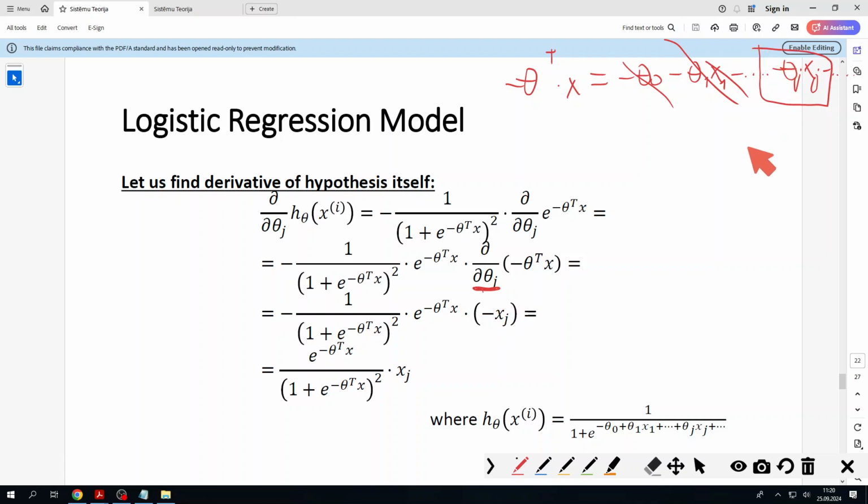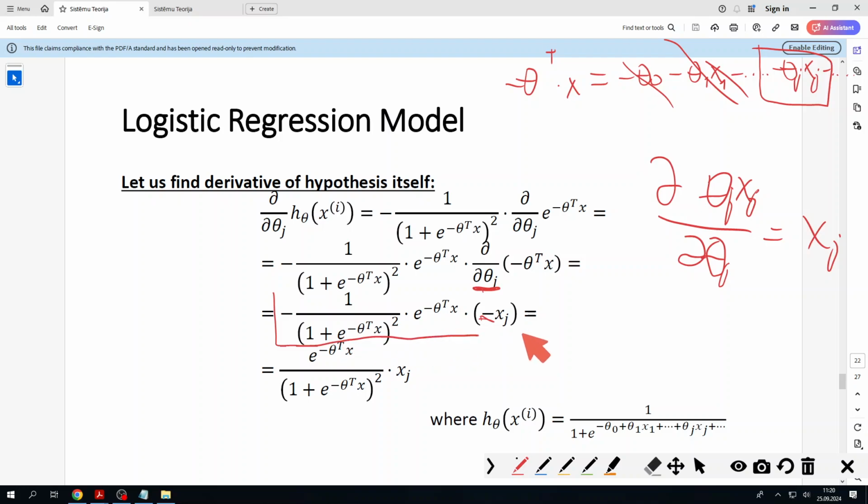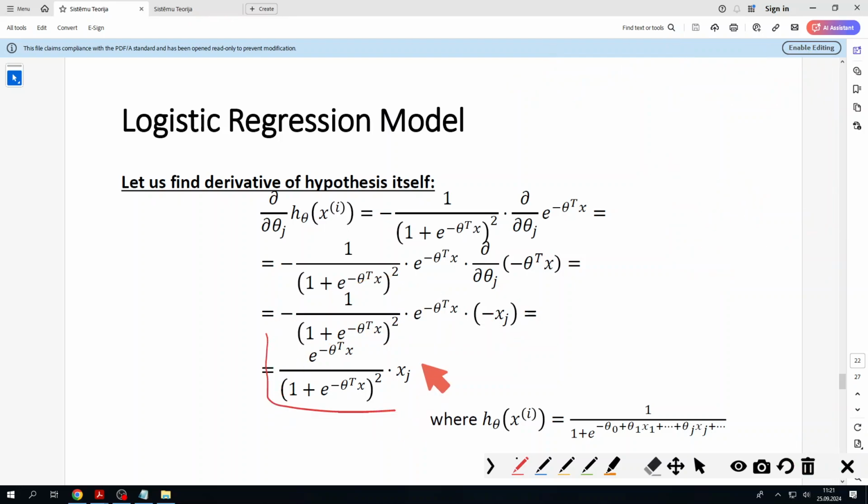And calculating theta j xj derivative versus theta j returns you simply xj. Yes, because this becomes a linear. With a minus sign, of course. So this is our final answer, which we can then improve a little bit by putting the minus signs together, this minus sign, and also moving this in the numerator. So then your expression looks like this.